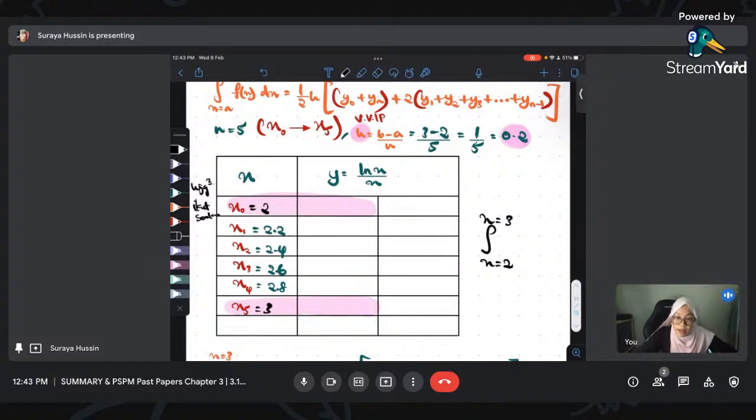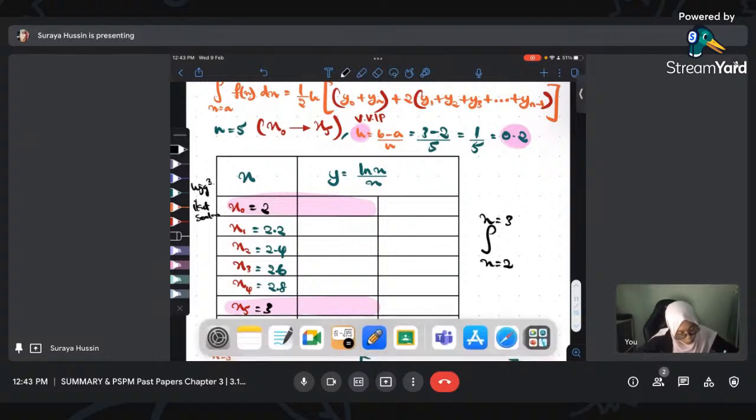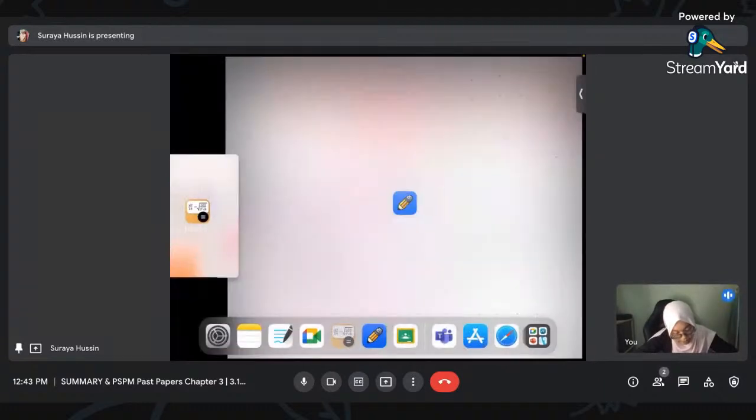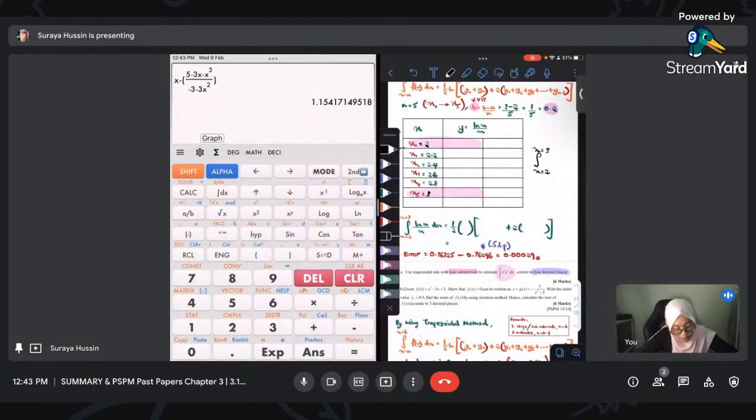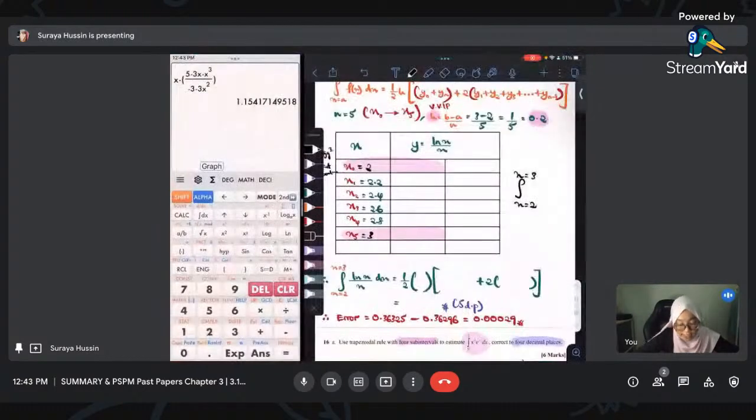Okay, this pink box is important for value of 2 and 3 untuk letak di sini. Untuk nilai Y dia saya letak di sini. Okay, dia tak boleh suka hati letak. Okay, you will see here we need calculator again. So I said that this chapter it need a lot of calculator lah. If you don't have calculator in exam, memang habis lah, hancur.